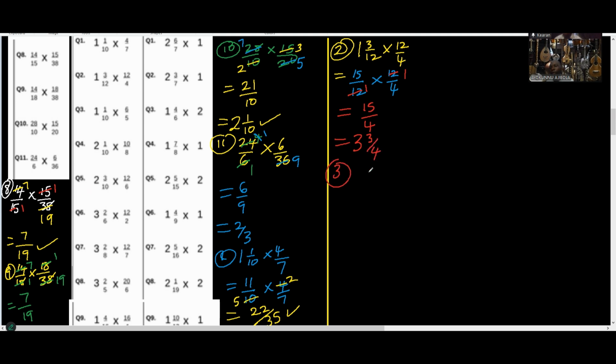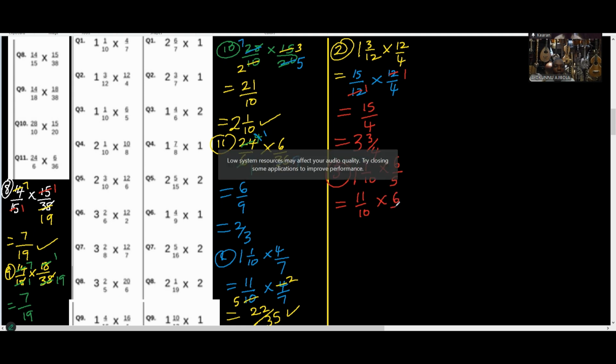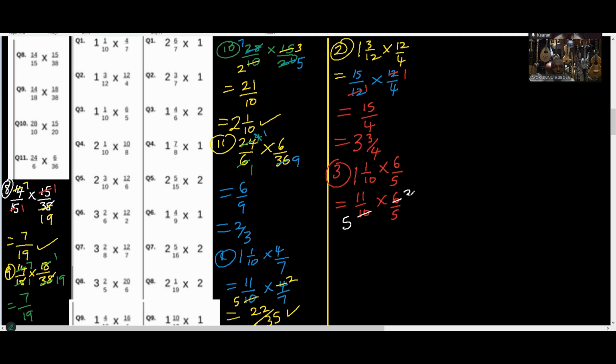Now number 3. We have 1 whole number 1 over 10 times 6 over 5. This is going to be 11 over 10 times 6 over 5. Now if you look at this, you can divide 6 and 10 by 2. This gives us 5, this gives us 3.